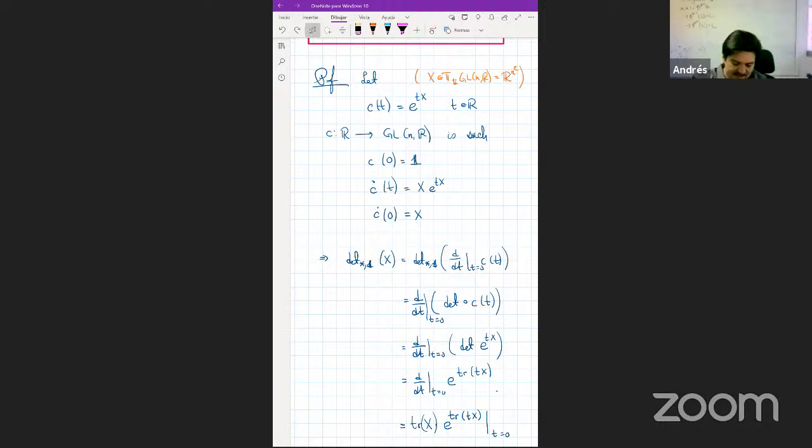Right? And finally, I have to evaluate at t equals 0. So again, this is a number. This is not a matrix. So I will get e to the 0, which is 1. Not the identity matrix.